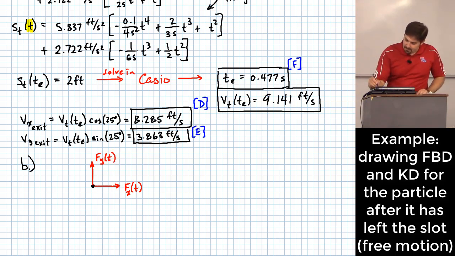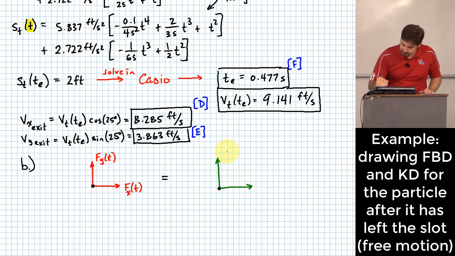And so because all of that happens and because now we're no longer constrained, the best we can do is basically just say that this is going to be equal to that same particle experiencing two different components of acceleration, like this.